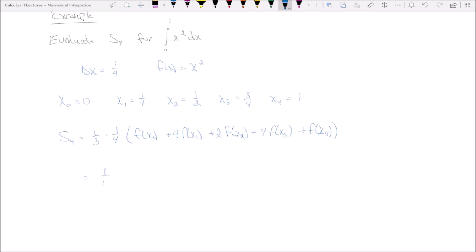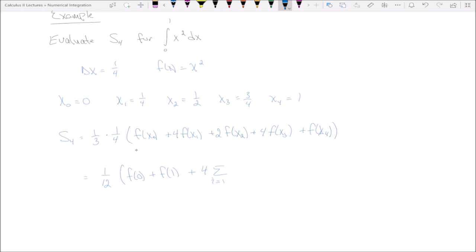So we get a 12th times, now notice, we get f of x naught, so f of 0, plus a single x4, f of 1, plus now all of the odd indices I'll multiply by 4, so let's do this.